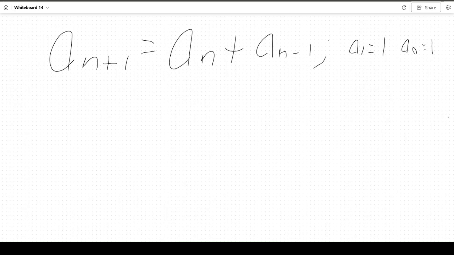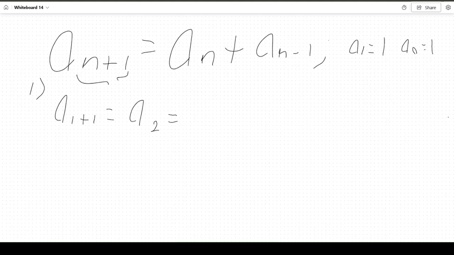So here we're given a1 equals 1 and a0 equals 1. We're going to start off with a1 plus 1, because a1 plus 1 will be equal to a2. So we are trying to find a2.